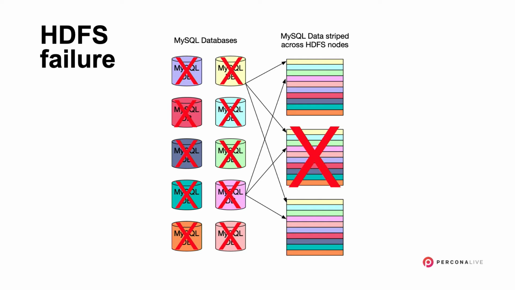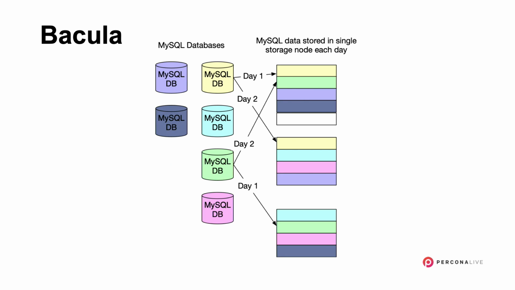So it's very important to take care of the durability if you are backing up to some kind of object storage or distributed file system. If you are backing up to S3, you are fine. It is also using erasure coding like that.